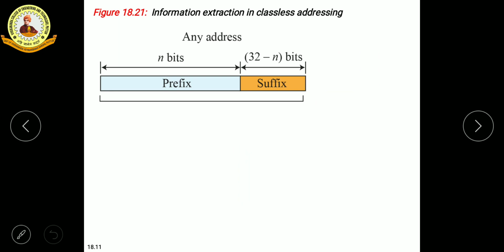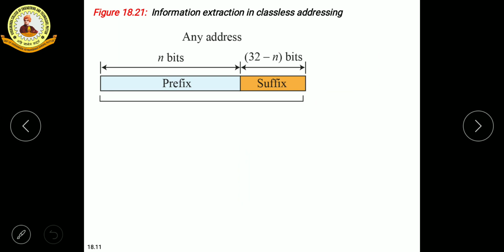So we look into three pieces of information. The first one is the number of addresses, the first address in the block and the last address in the block. Okay, so we will discuss these three things. Since the value of prefix length n is given, we can easily find these three pieces of information.